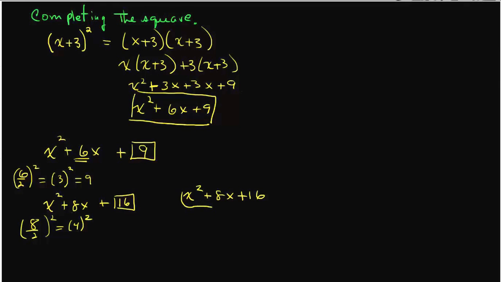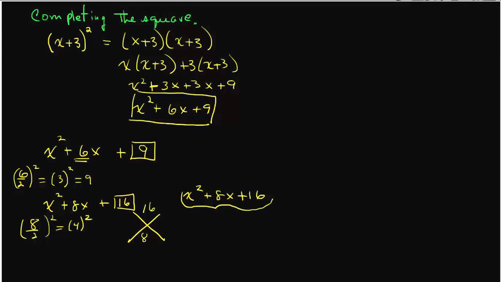Now, how do I know that's a perfect square? Well, we factor it, and we should get something like the one above. So this would be, using our old method, 16 and 8x, or 8.